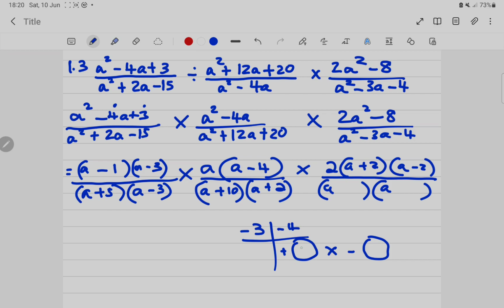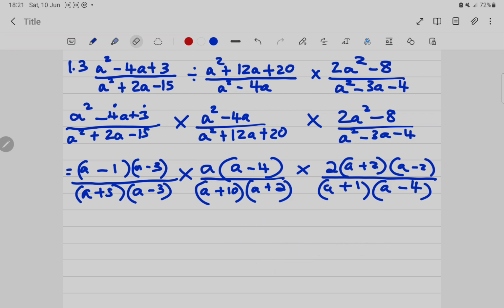So the factors of 4 are 4 times 1, but the bigger number must be negative, because the middle term is negative. Sorry, let me rewrite. It's going to be positive 1 times negative 4. So the factors are plus 1 and negative 4. These are our factors.